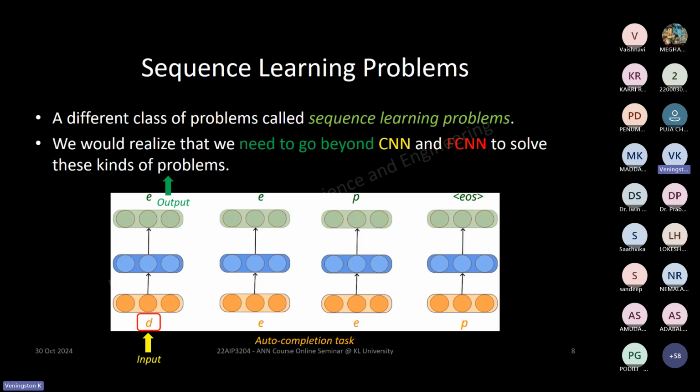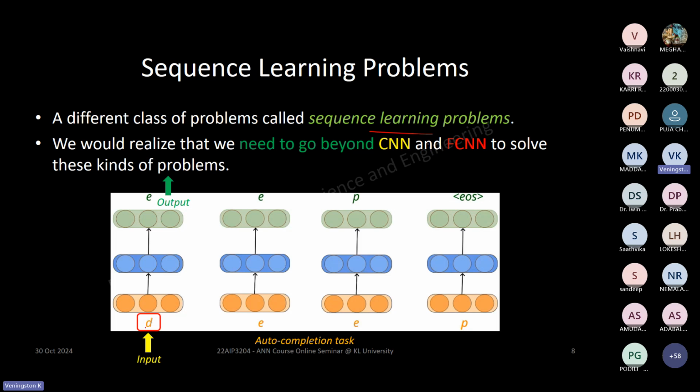So that is where RNN could be used in order to solve such a class of problems. Okay. Let's try to understand what a sequence learning problem is all about. For example, you can think of each instance of this image as a neural network, but I'm breaking it down into different time slices because the network is going to be recursively used so as to predict output at various time points.